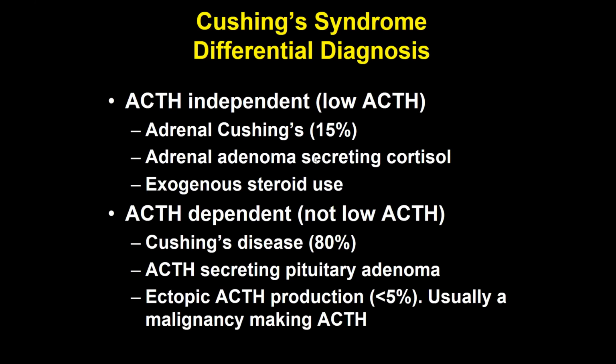We expect to see a low ACTH where the pathology is in the adrenal versus high, although it can be in the normal range, inappropriately normal, we might say, so maybe in mid-normal range in the patient who has ACTH dependent Cushing's. And occasionally we will see patients with ectopic ACTH, often a malignancy that can be triggering this.